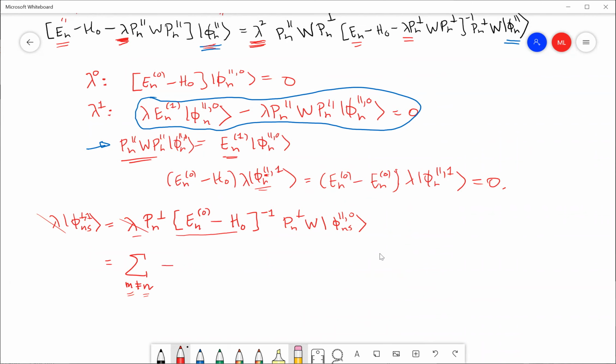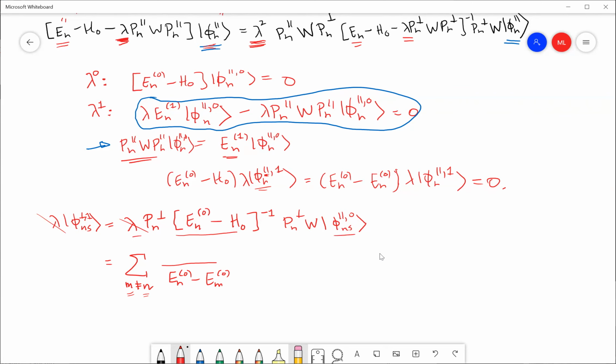And what's this operator? Well, if we use the unperturbed vectors as the basis for our states, then H naught is just diagonal in that basis. And so it's just the difference in energies there. And then the unperturbed portion, the parallel state, is just n comma s, right?